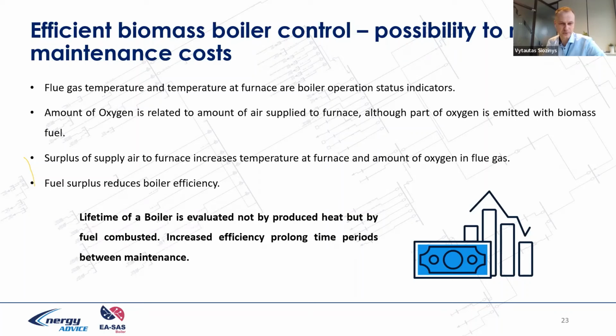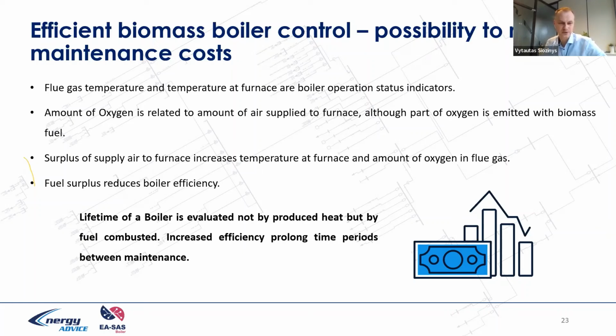Coming back to what we mentioned before, flue gas temperature and temperature at the furnace are boiler operation status indicators. If you have fluctuating temperature and fluctuating recirculation, we have unstable fuel supply. If we should regulate grate rates quite often, that means that fuel water content changes, but also flue gas recirculation and the drying process are not stable, and automation is not capable of stabilizing this.